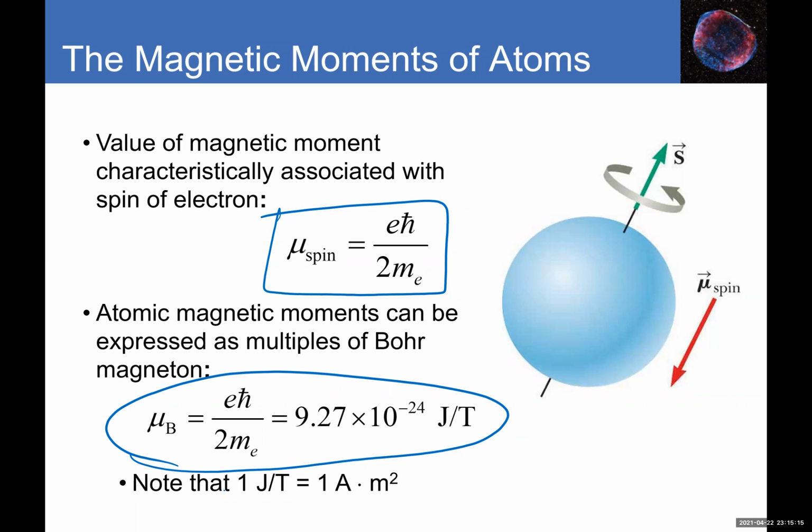That means we can combine the magnetic moment that we calculated due to its orbital motion and due to its spin, and they contribute to the magnetism of the system.